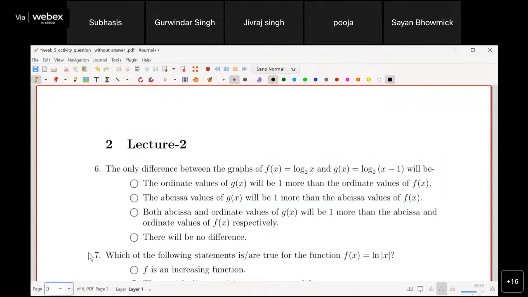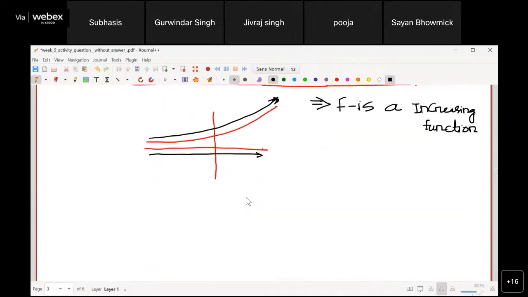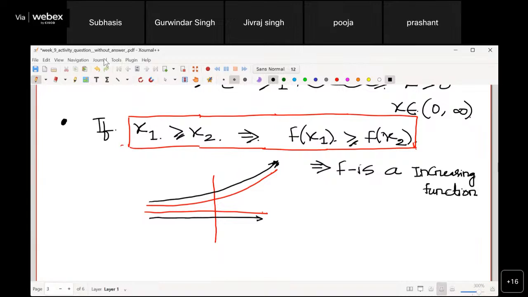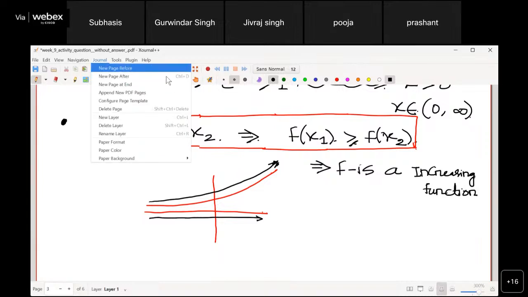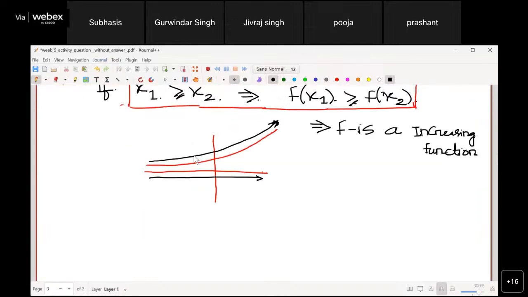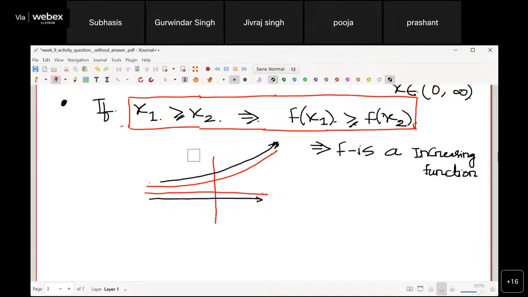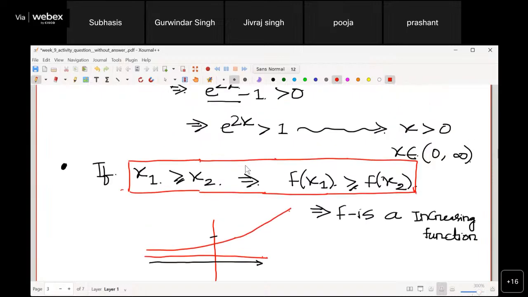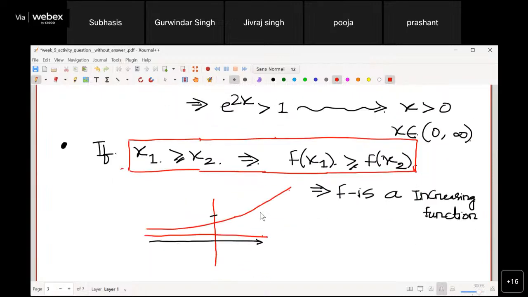It can be decreasing also when a negative sign is there. No, this is increasing on the whole of R. Sir, but exponential functions can be decreasing also. Exponential functions can be decreasing, but I'm talking about e to the power x.